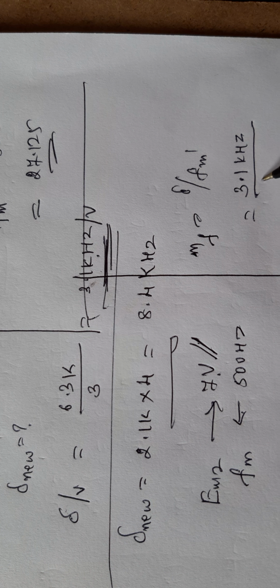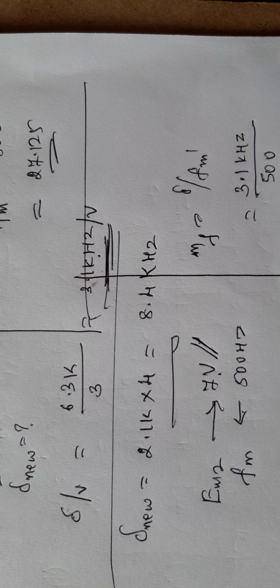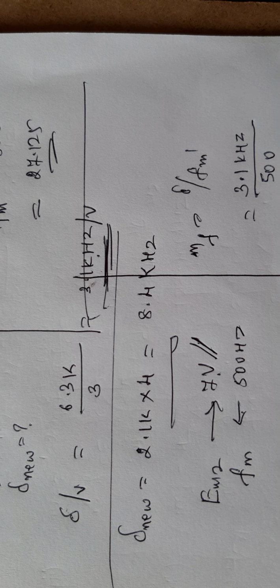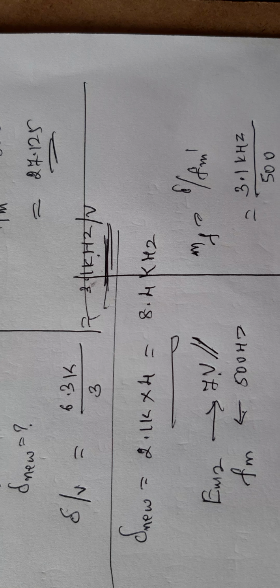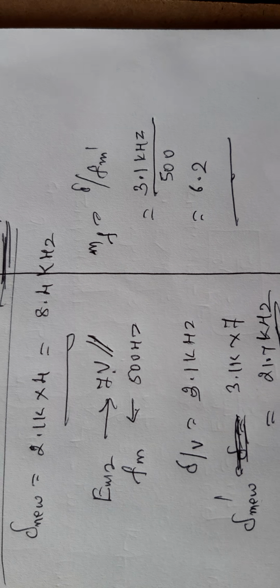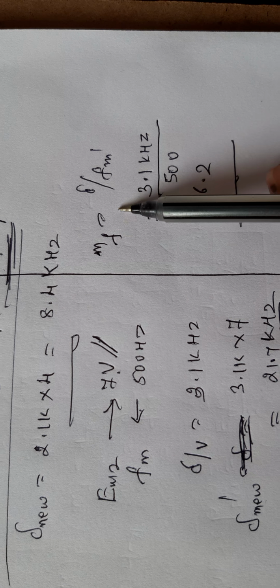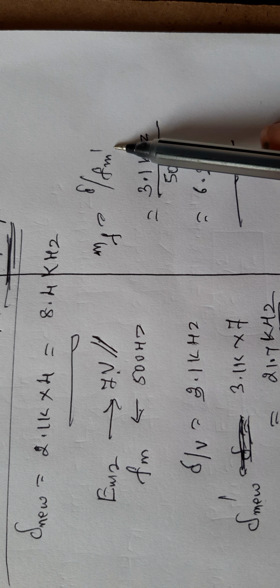Therefore, frequency reduces to 500 from 800. Therefore, the new modulation index is 3100 divided by 500, and you will get 6.2.